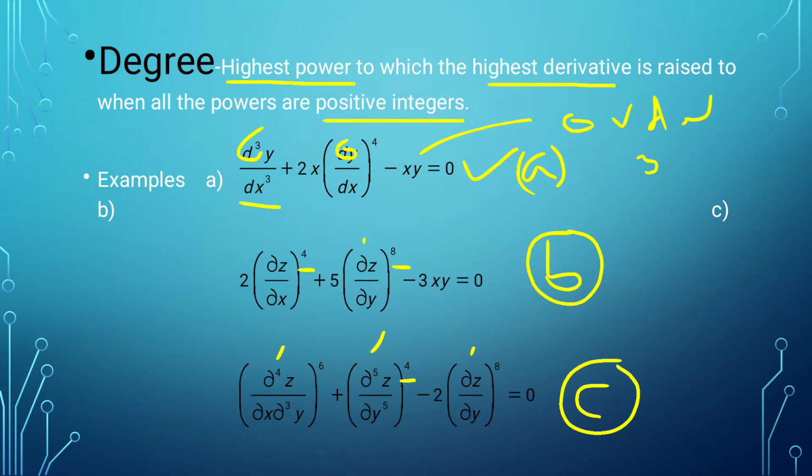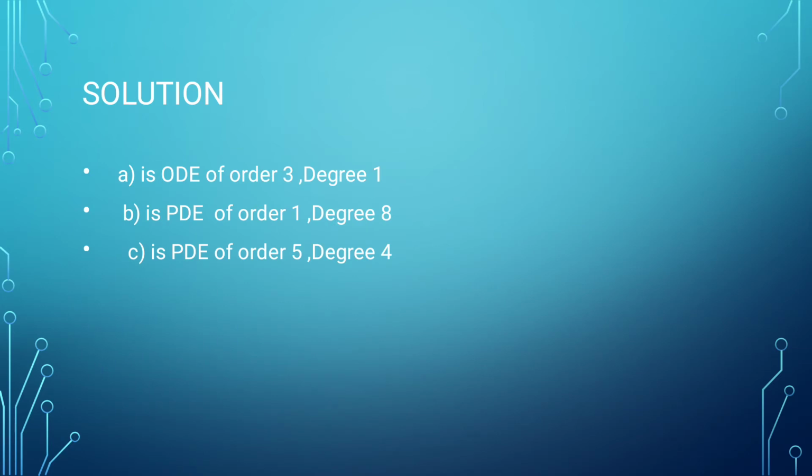If we check the answer solution, we have said A is an ODE, of order 3, degree 1. B is a PDE, of course. We know the meaning of PDE from our previous tutorial.